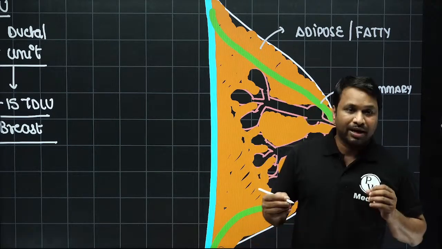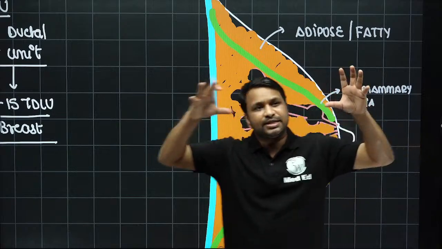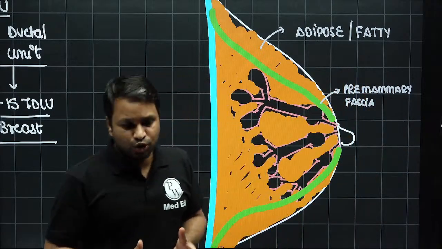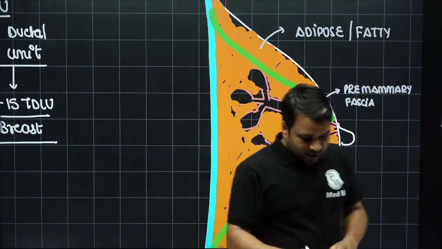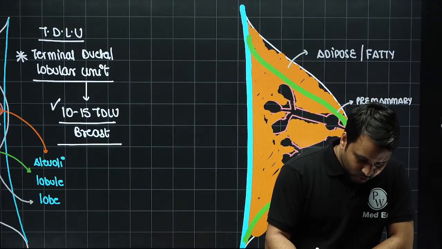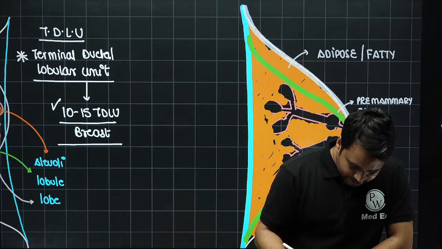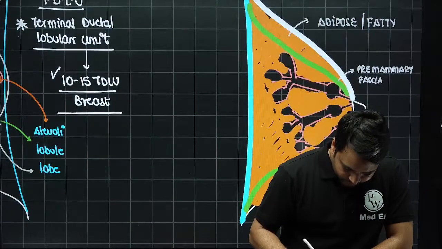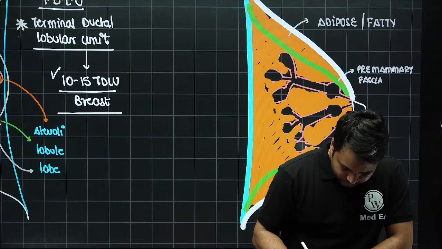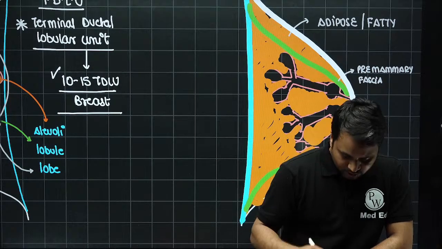Now, this pre-mammary fascia is going to be adherent tightly. It encases your entire glandular component. Now, from the pre-mammary fascia, you will notice, this is the outer extent of the breast. I can say this is the breast skin that we're talking about. This is the breast skin that is present across here, right?